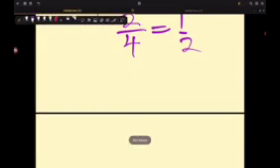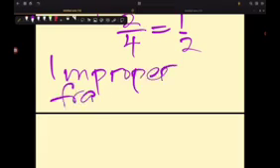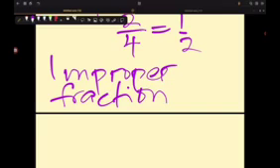Improper fraction. We can also have improper fraction. Improper fraction is a situation whereby the numerator is greater than the denominator. Under proper fraction, the numerator is less than the denominator, while under improper fraction, the numerator is greater than the denominator.